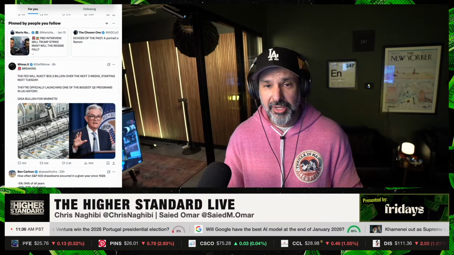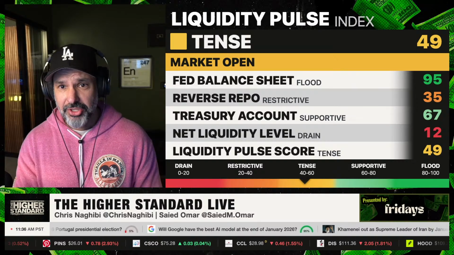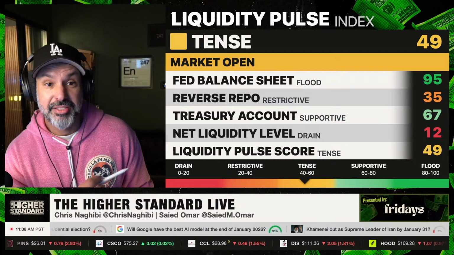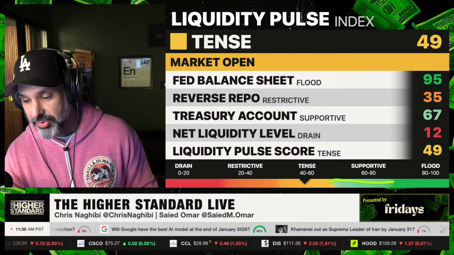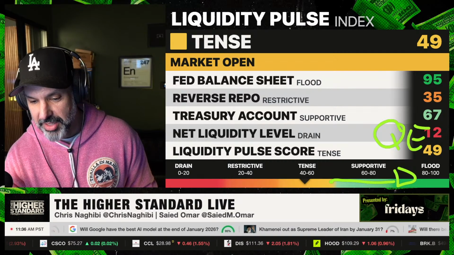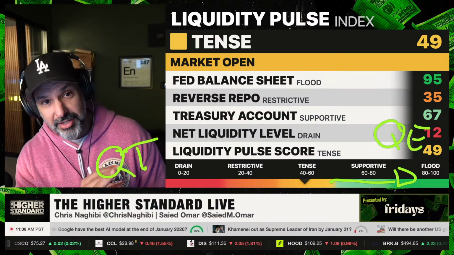Giga bullish for markets. So, what does that mean, kids? Well, that means on this chart here, you're going to see a pivot, at least if you go with the narrative this is saying, into a flooded liquidity market. So think of this side as QE and think of this side as QT. They're talking about quantitative easing, dumping money into the market.